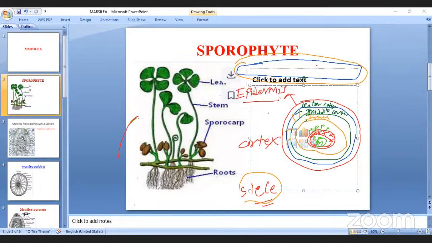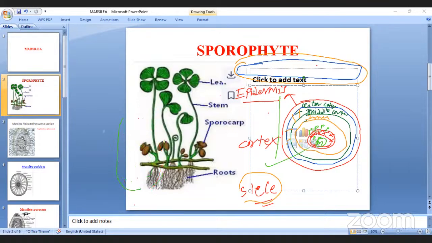So red color, this region completely xylem, inner phloem, outer phloem, like this. Actually, in the diagram, they are mixed together. That's why for a clear view, I had to draw like this. But anyway, keep this rough diagram in mind. Based on this rough diagram, you can understand everything, right?